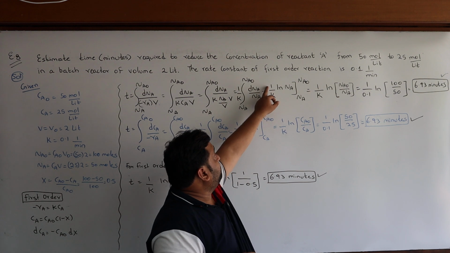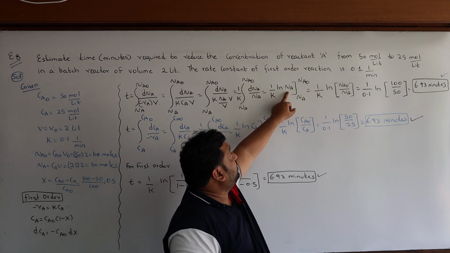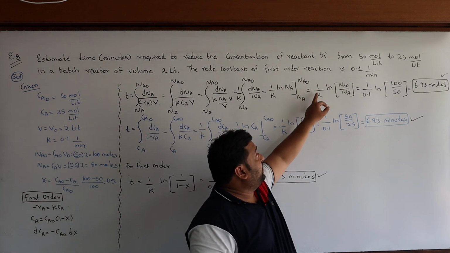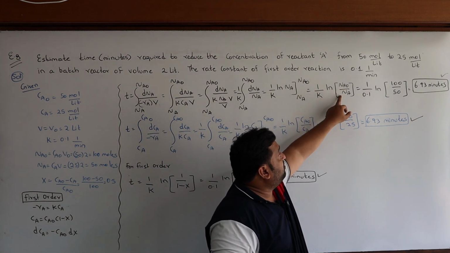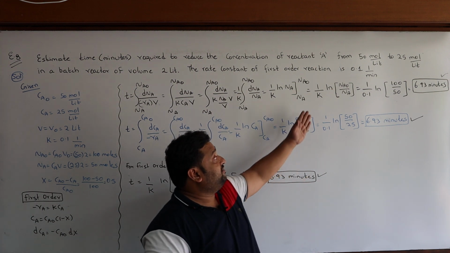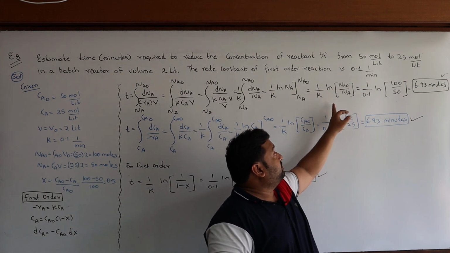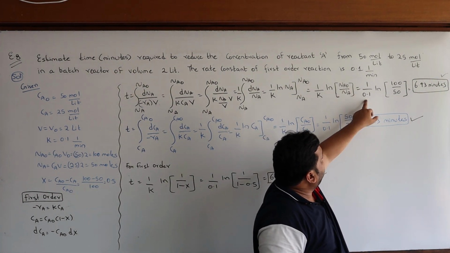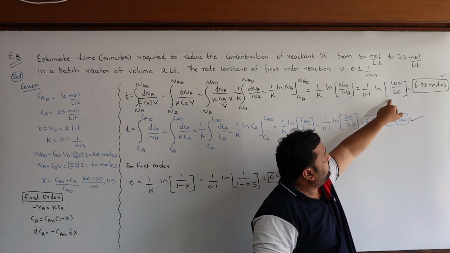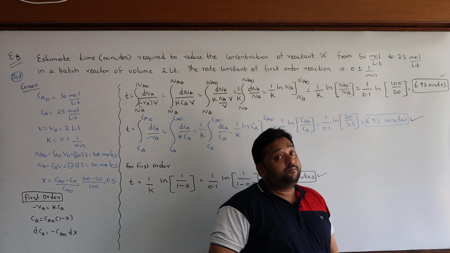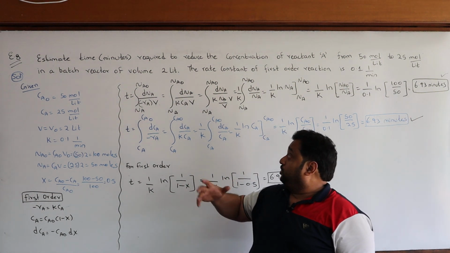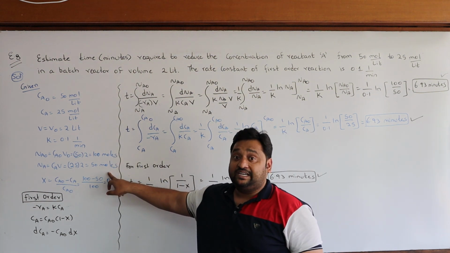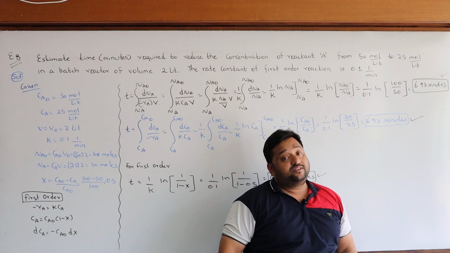So this becomes 1 by K into ln of Na with the limits Na to Na0, that is nothing but 1 by K into ln of Na0 by Na. So this is the final equation. Now substitute the known values: 1 by 0.1 into ln 100 by 50, which is equal to 6.93 minutes. That means to reduce the moles from 100 to 50, it takes 6.93 minutes.